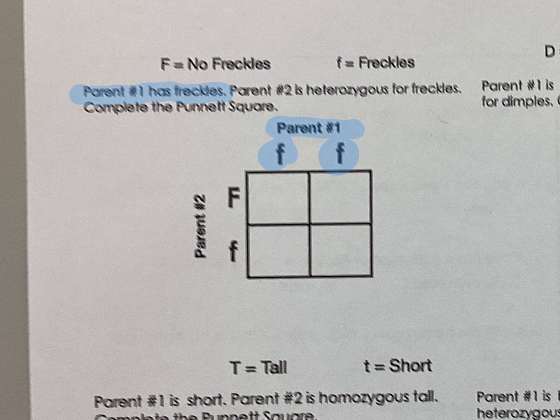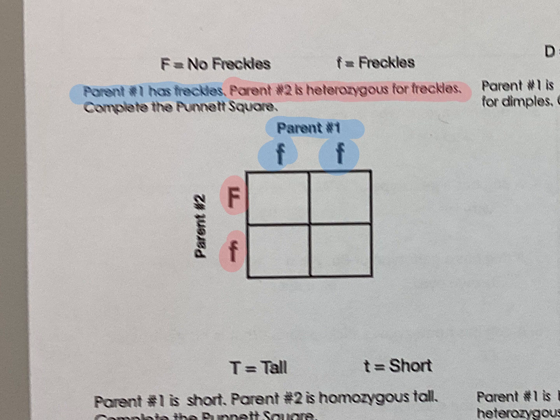Parent number 2 is heterozygous for freckles. So they carry the freckle trait, but they're dominant for no freckles. For right now, we just call them parent number 1 and parent number 2.